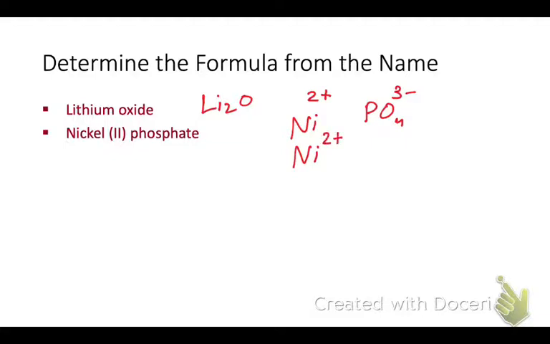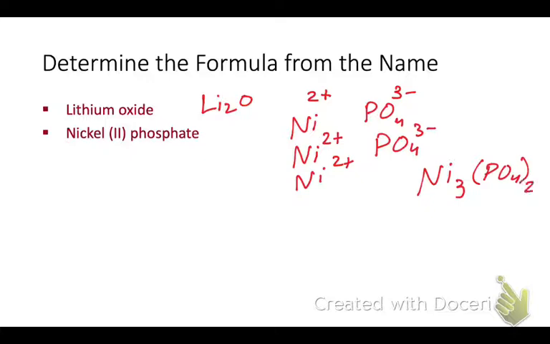Now I have more positive charges than negative charges, so I fix that by adding more phosphate. Now I have -6 and +4. I fix that by adding a positive charge. Now I have +6, -6. Now I am done. What would be the formula of that? Ni3, I used 3 of them, and I used 2 phosphates.